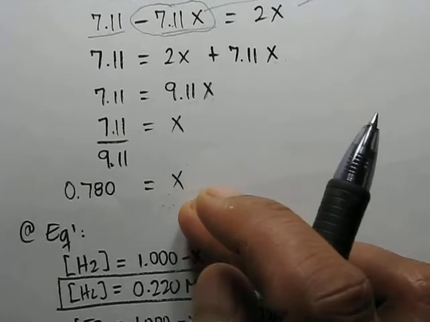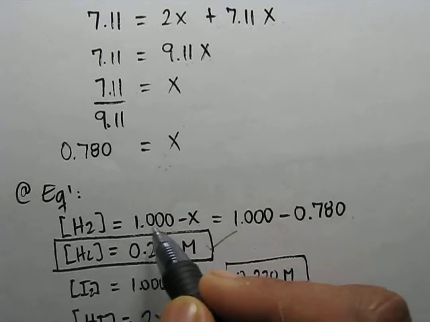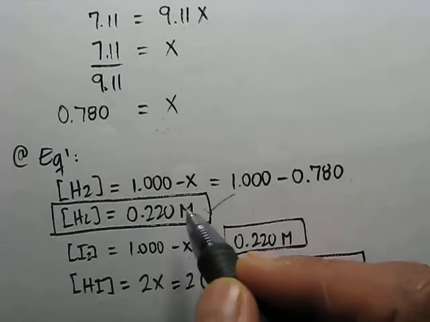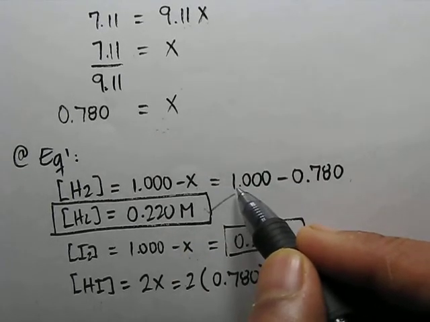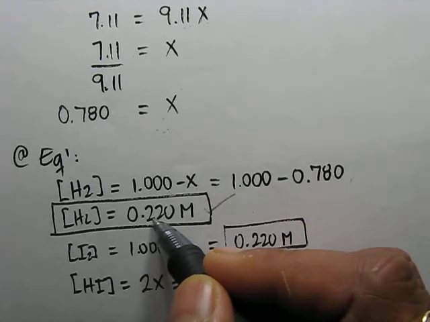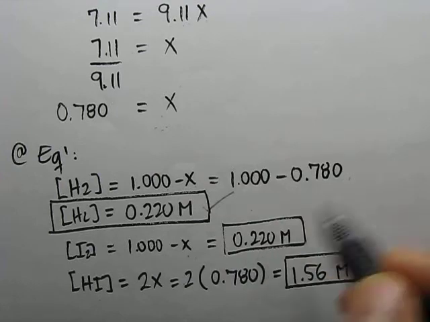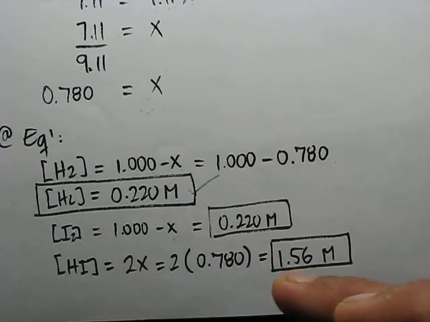Now that we have the x value, we can calculate the hydrogen concentration, which is 1.000 minus x. Basically we have to subtract x from 1, which will be 0.22 molar, and the same concentration will be for iodine, but for HI it will be 2x.